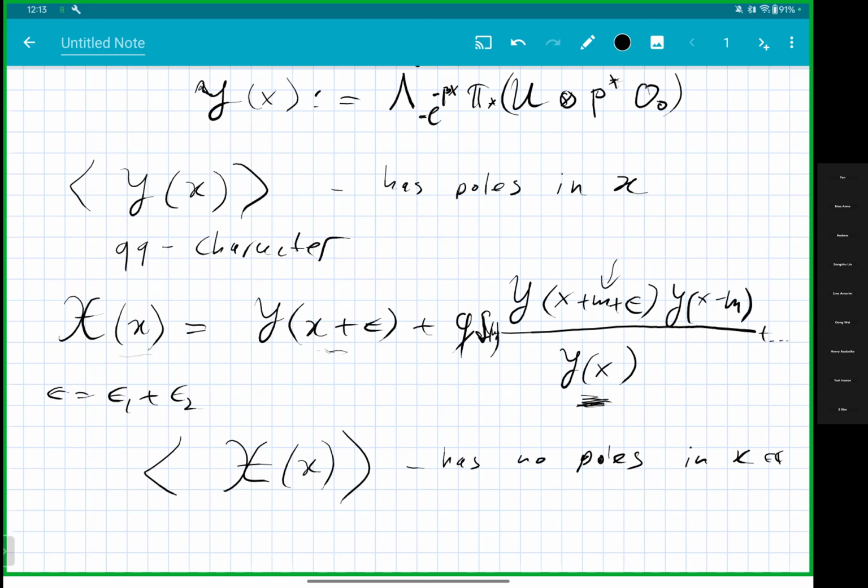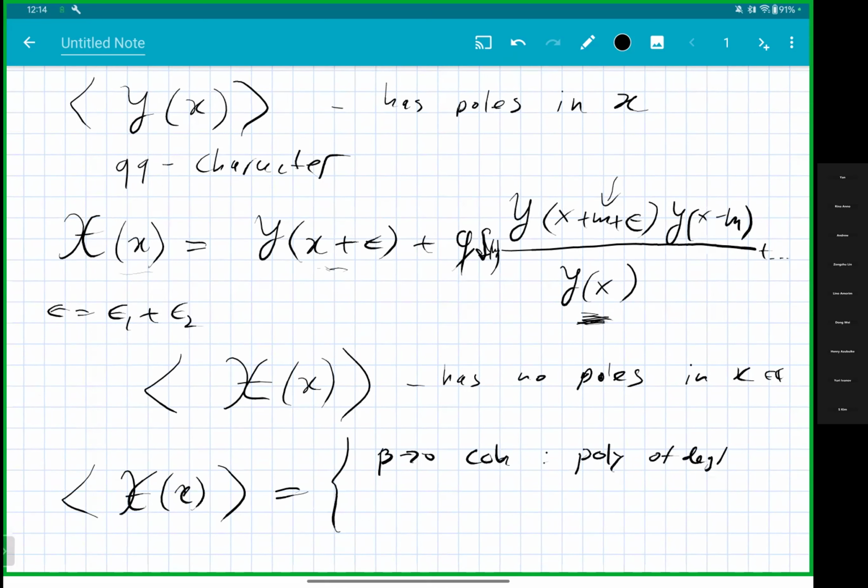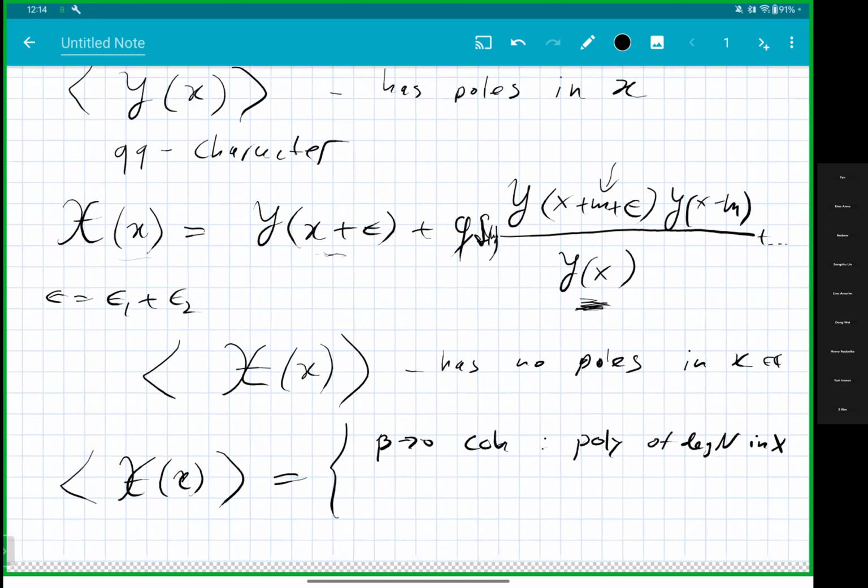Yeah, and so basically, this means that this thing, depending on the setup which we're working in, in the case beta equals 0, the cohomology case, is a polynomial of degree n in x.